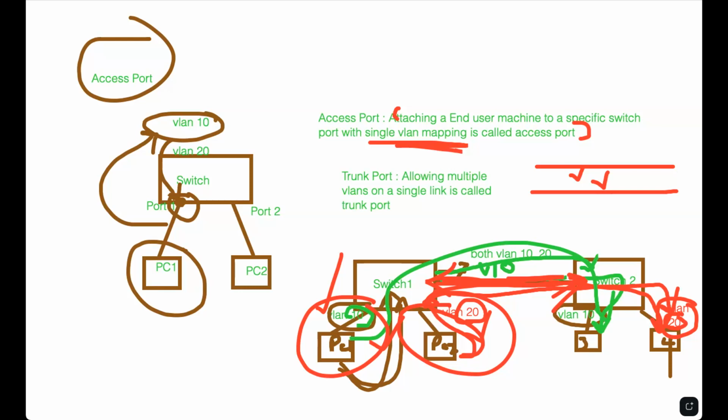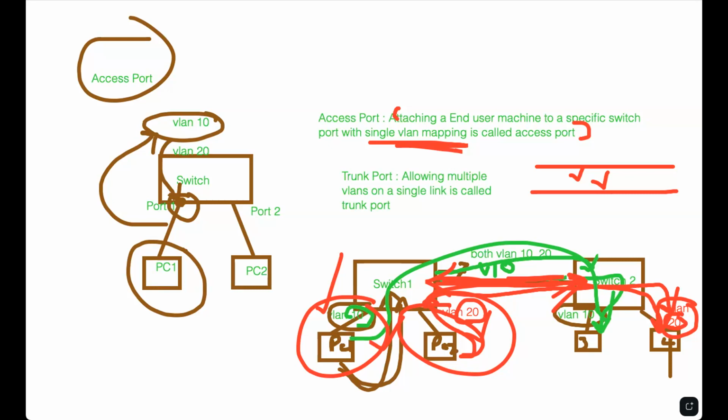Question is not clear. What do you mean by playing a role? In the access port, the VLAN 10 end user computer is connected to port 1. Here we are only talking about the tags in the trunk port.